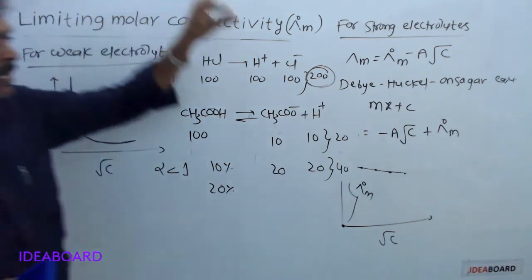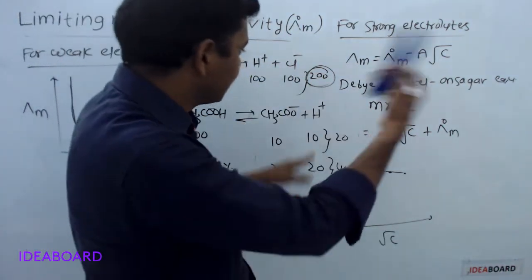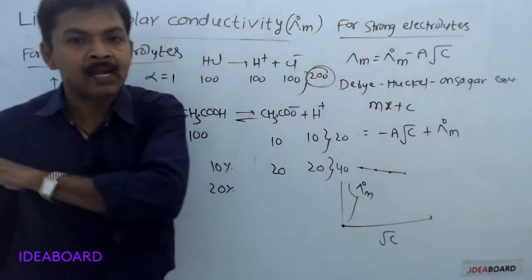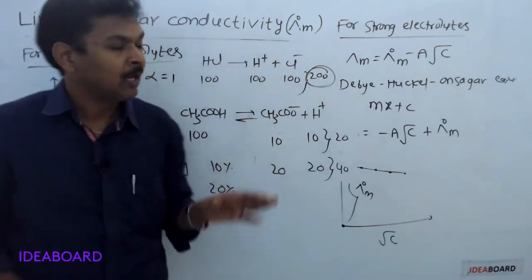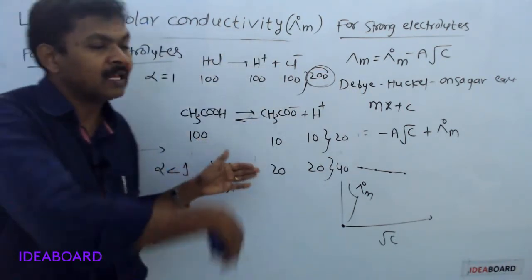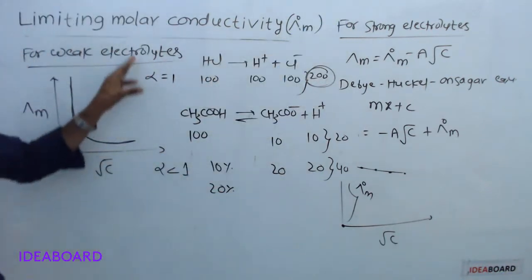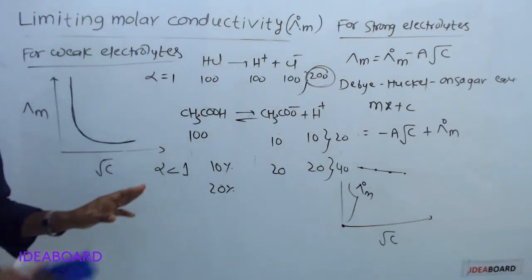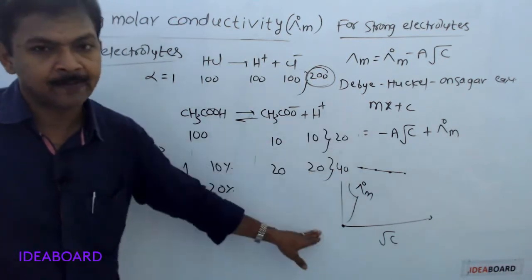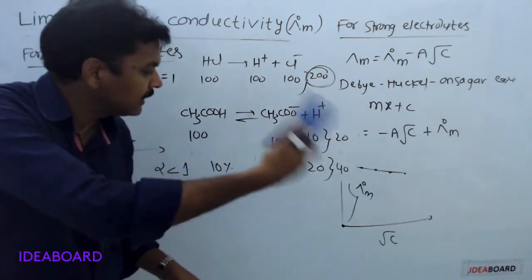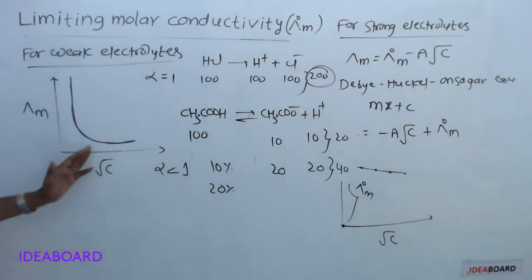In case of strong electrolytes, even on further dilution, there is no change in the number of ions. Just interionic forces decrease, so mobility of ions increases. But in case of weak electrolytes, on further dilution, the number of ions increases, so the increase in molar conductivity is very high.